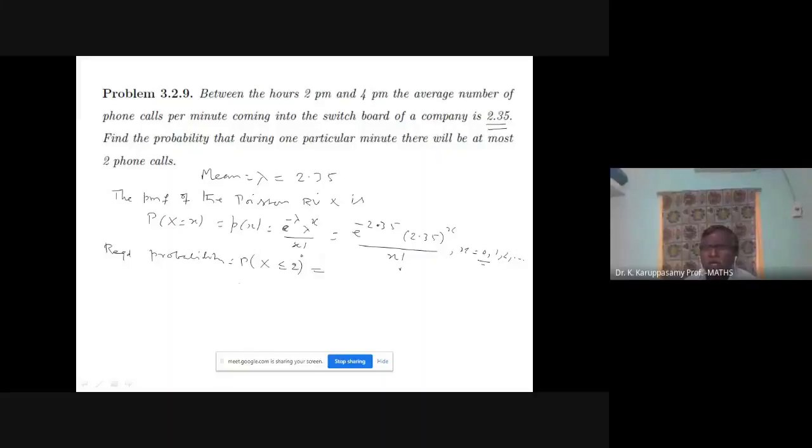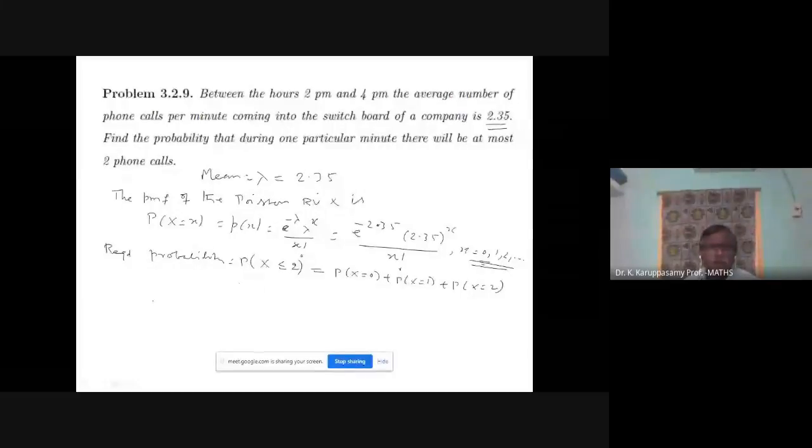In the probability mass function, your x values are 0, 1, 2, 3, 4, etc. So x less than or equal to 2 means there are 3 terms: x equal to 0, x equal to 1, x equal to 2. In a particular minute, we need the probability of 0 calls, 1 call, and 2 calls.